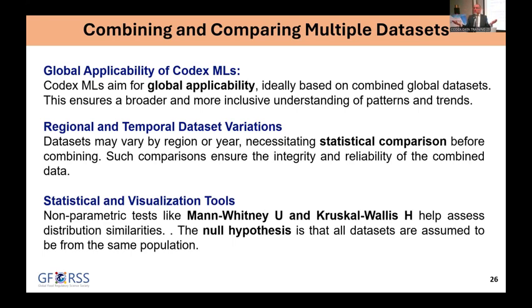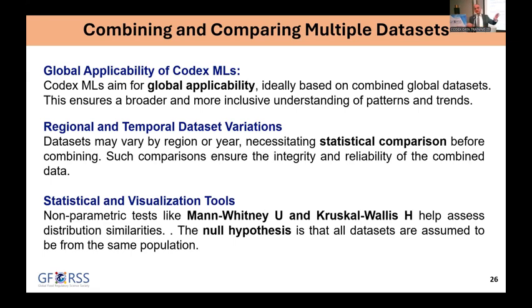And how can I do it? By statistical tests like the Mann-Whitney test, if I have two data sets, or the Kruskal-Wallis test that I can use if I have more than two data sets. And in this case, I check the p-value of the test, okay? And if the p-value is lower than 0.05, I can reject the null hypothesis.